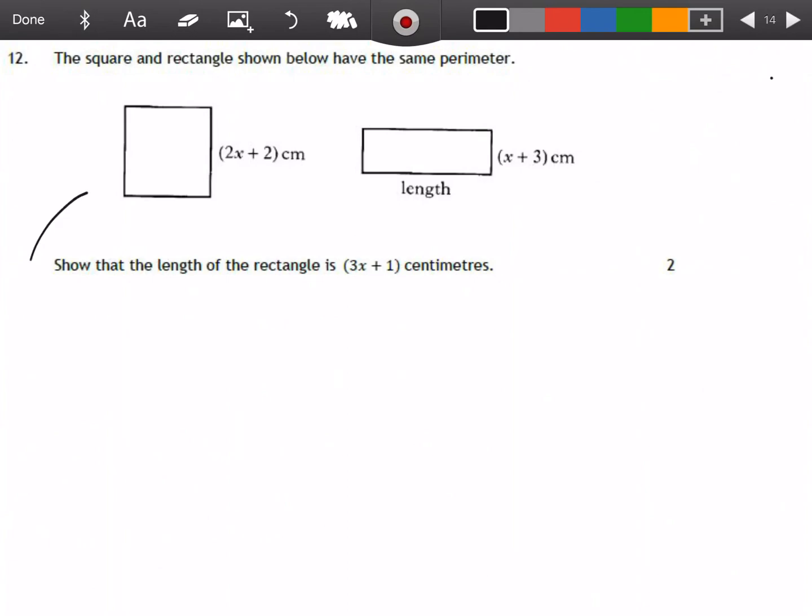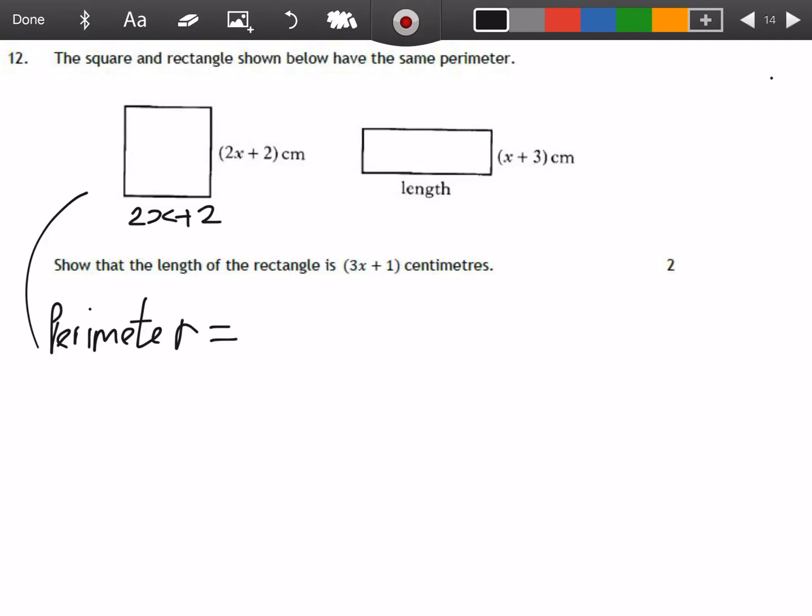Let's work out the perimeter. We know this length is 2x plus 2 as well, because remember a square has 4 sides the same. So what's the perimeter of the square then? Remember, the perimeter is the total length of all the distances of the shape, added up together. Add up the 4 sides.